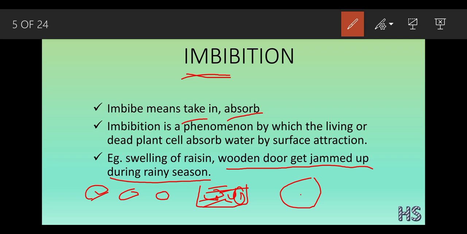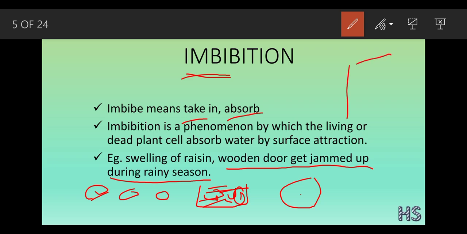As the door absorbs the water, the door gets a bit thick and its size changes, and when you try to close or open the door, you have to exert a lot of force. In some cases you will also see that the doors crack.